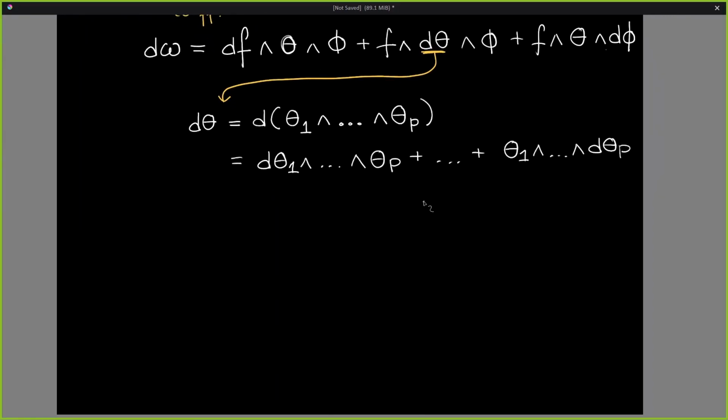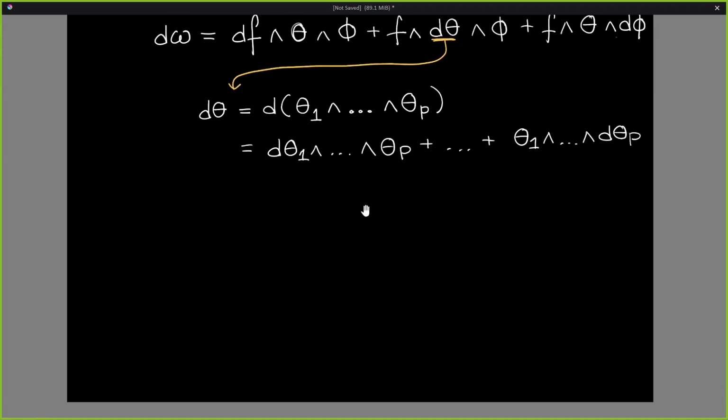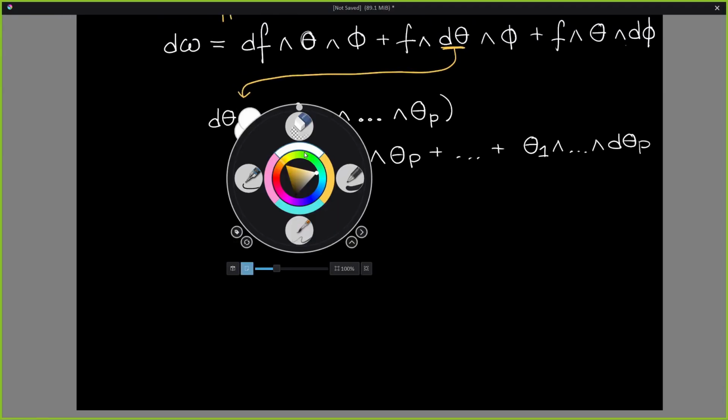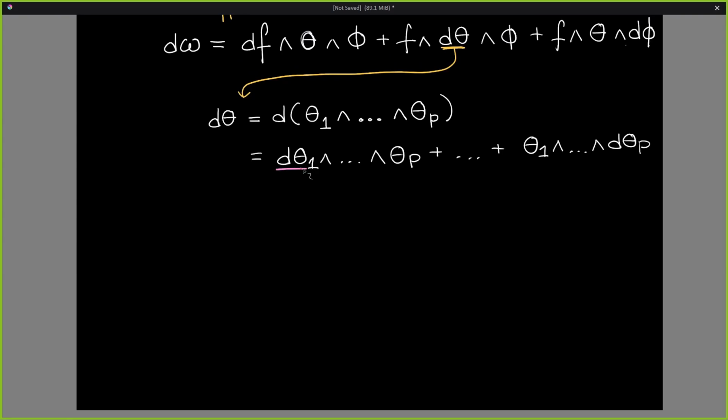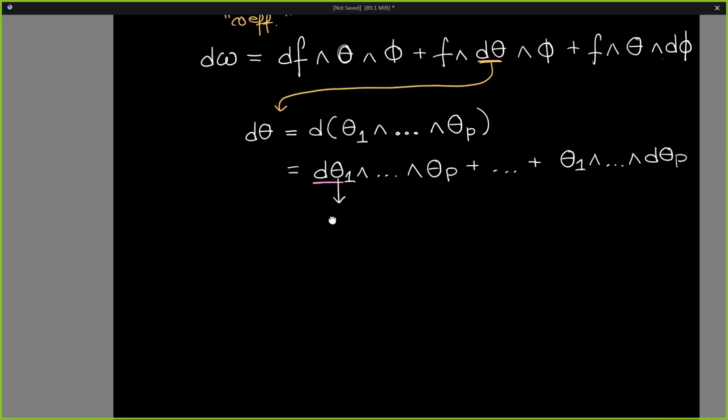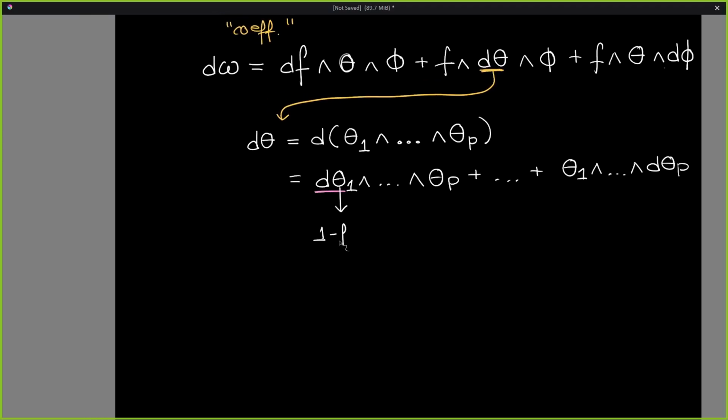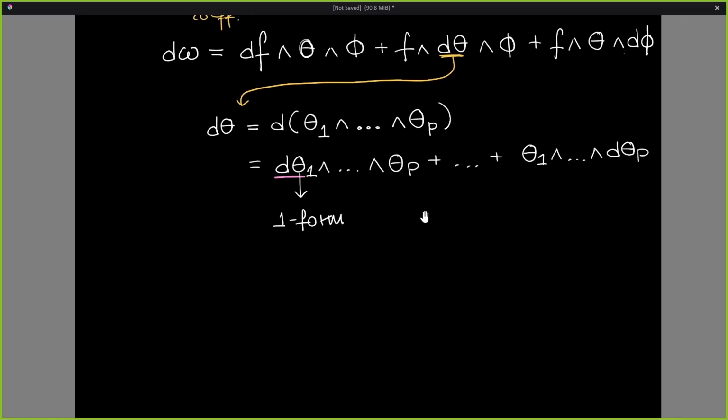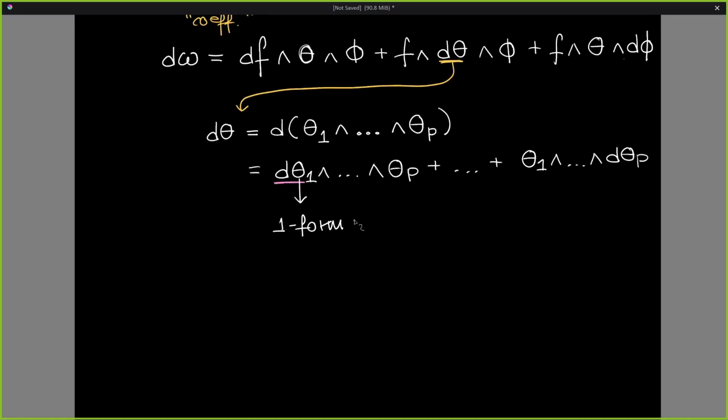Right. So what could happen to these individual d theta 1? Theta 1 was a 1 form, right? So in the complex sense, in the PQ grading sense, this 1 form could become any 2 form.